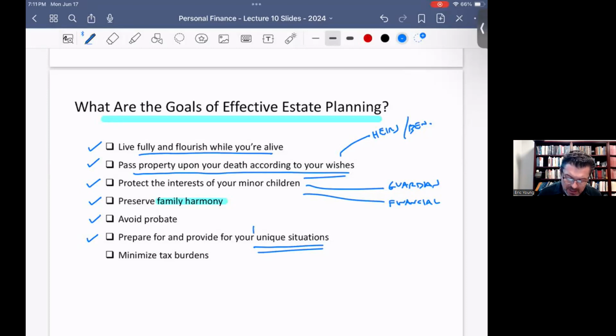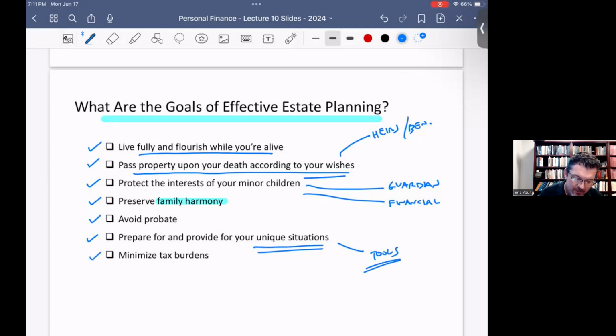All of these unique situations you really want to think about and prepare for. And they're difficult situations, but one of the beauties of good estate planning is there are almost always tools that will help you to handle and navigate through unique situations.